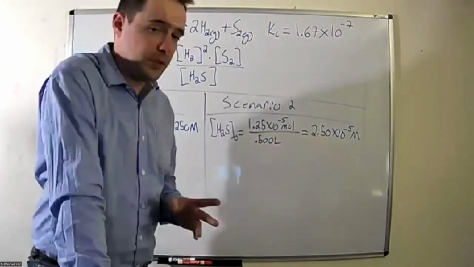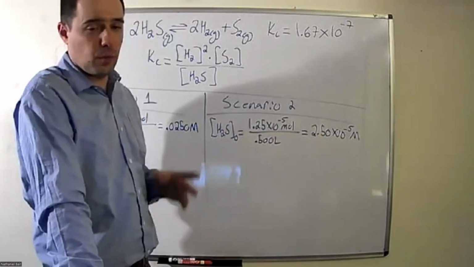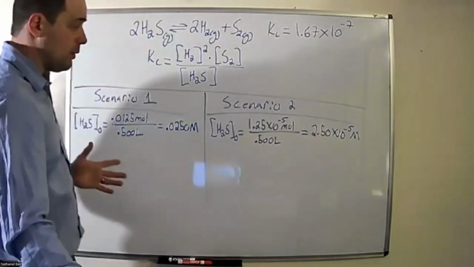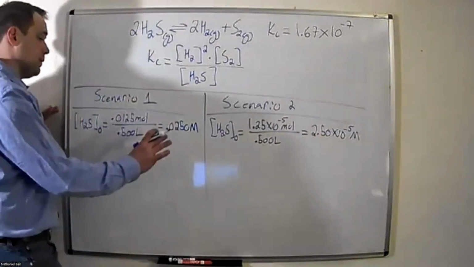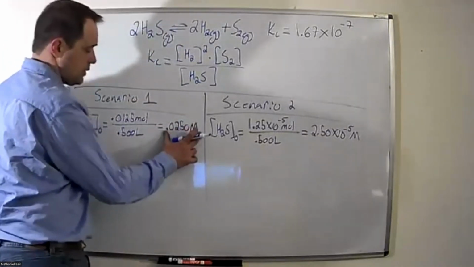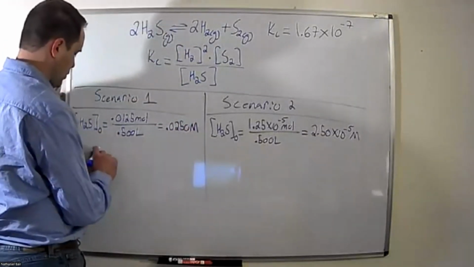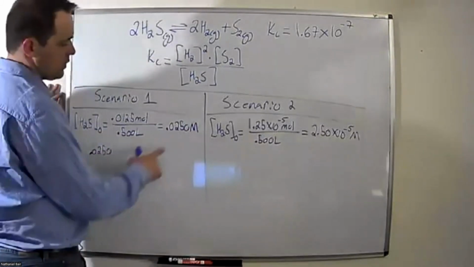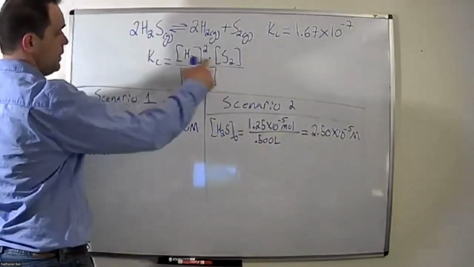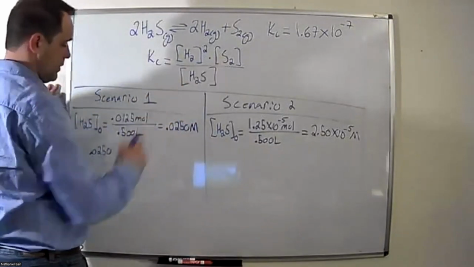Now, one of these problems is going to allow us to make the x is small assumption, and one is not. And let's figure out which one it is. To make the x is small assumption, you need to take the initial concentration, 0.0250. That's the smallest initial concentration. There is no initial concentration of the products. We only have that one.